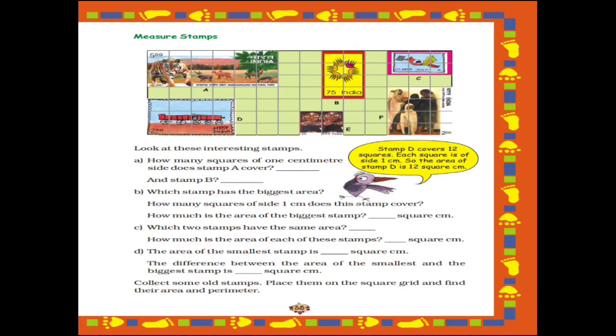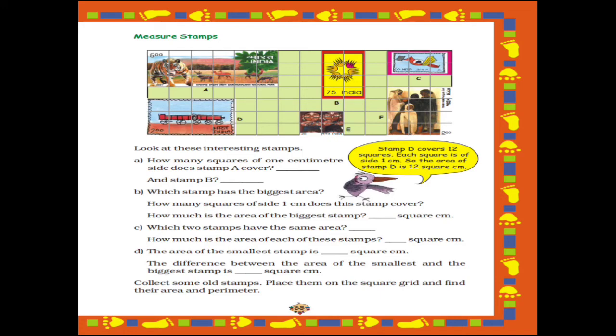Now let's see the next question: how much is the area of each of the stamps, blank square centimeter. Now we have to find the area of stamp D and of F. So let's use the formula for finding the area. What was the formula for the area of a rectangle?